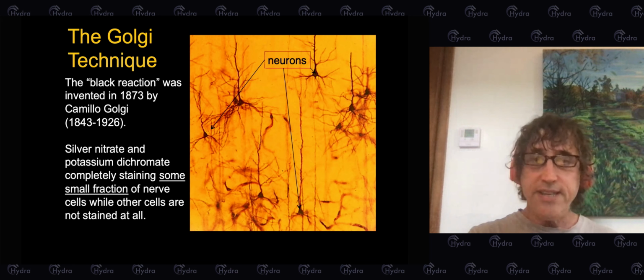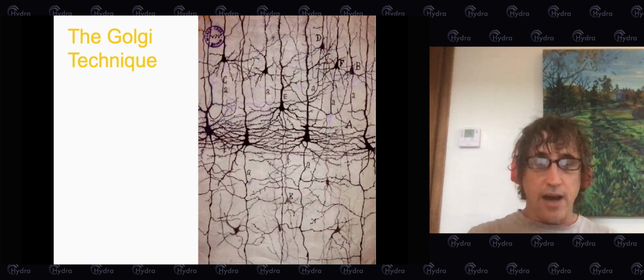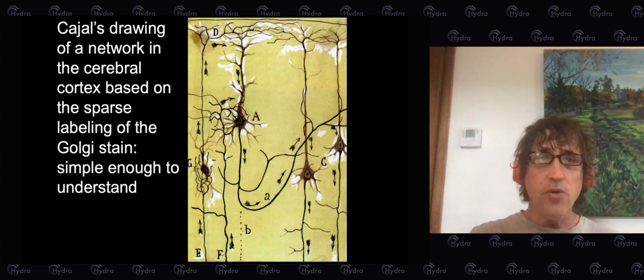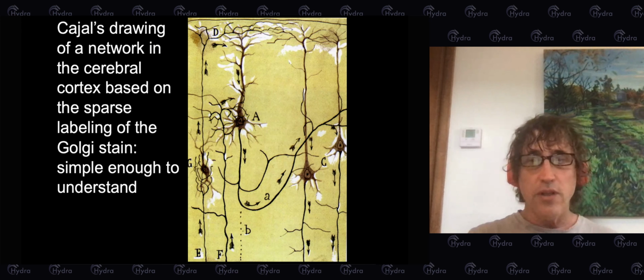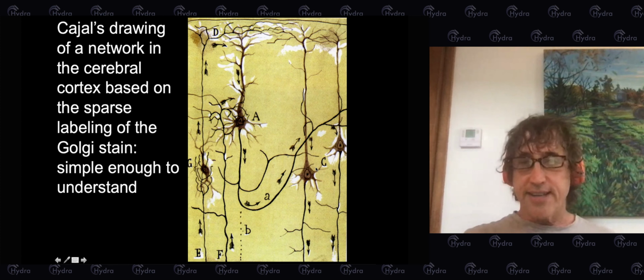Using this technique, Santiago Ramon y Cajal was able to create delicate, intricate, and pretty accurate maps of what neurons look like. Cajal drew these beautiful maps, and he concluded that a neuron is connected to another neuron using an axon, and there is a signal sent down.